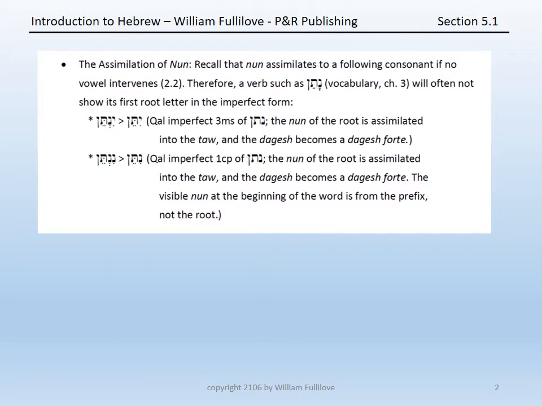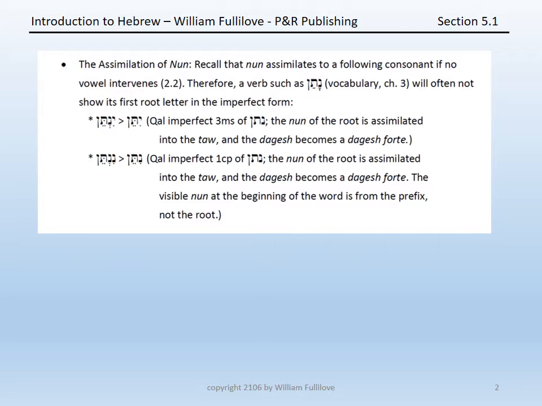As we mentioned in Chapter 3, this grammar typically leaves what we call weak consonants, consonants that have some peculiarity that causes them to behave differently than normal consonants, for the second half of the book. While that is true, there are two peculiarities with which you are already familiar that will impact the formation of the Qal imperfect.